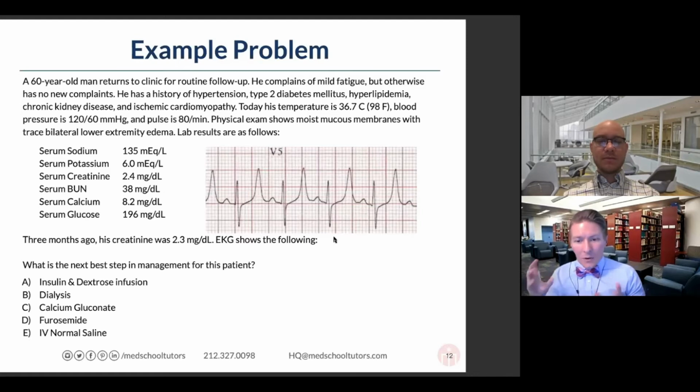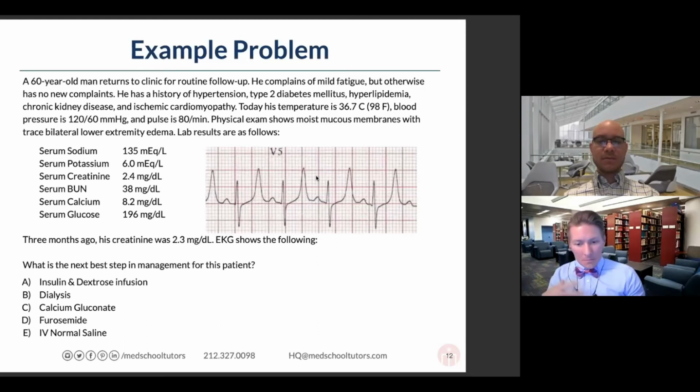So what does everybody want to do next now that we see hyperkalemia plus peaked T waves? All right, I'm seeing lots of the correct answer here, which is going to be answer choice C, and other students writing, we should stabilize the heart first. And that is the key idea here.